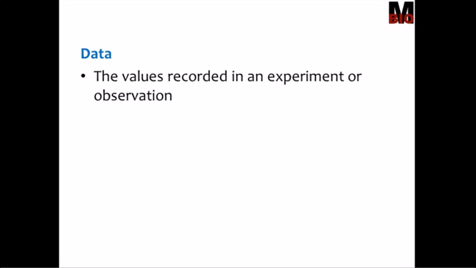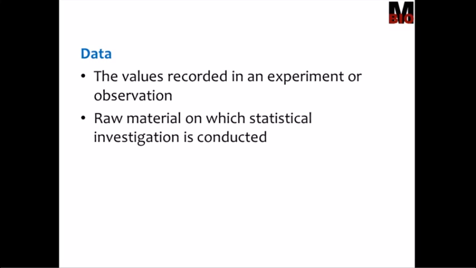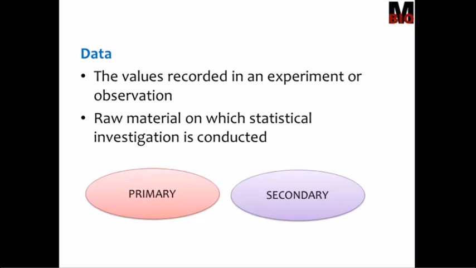The next term is data. The values recorded in an experiment or observation or statistical investigation are termed as data. It is the raw material on which statistical investigation is conducted. There are two types of data: primary data and secondary data.